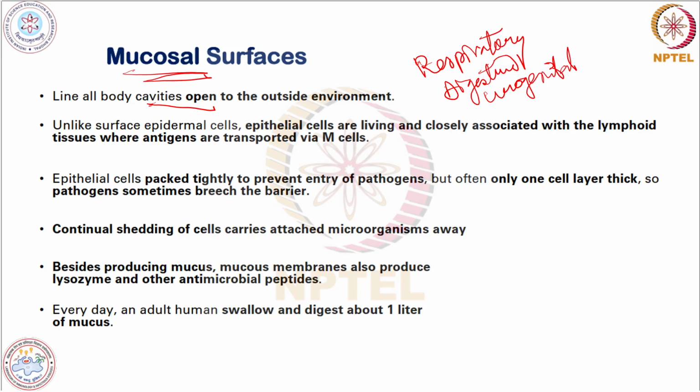These mucosal epithelial cells are closely associated with and linked to the lymphoid tissues, like the M cells in the gut that we discussed in previous lectures. M cells help in detection and transportation of antigens to the immune cells for a quick response.